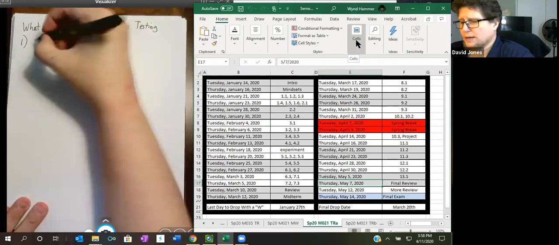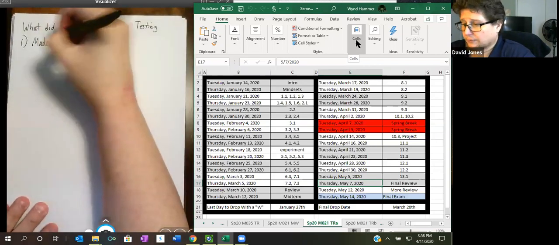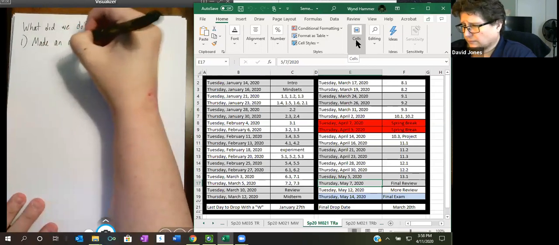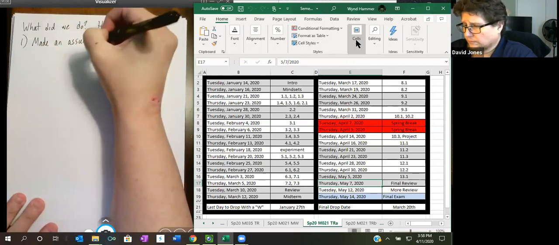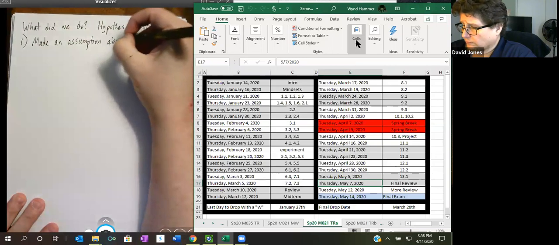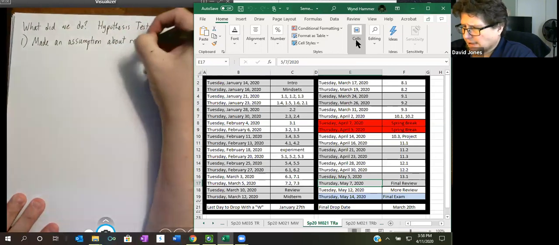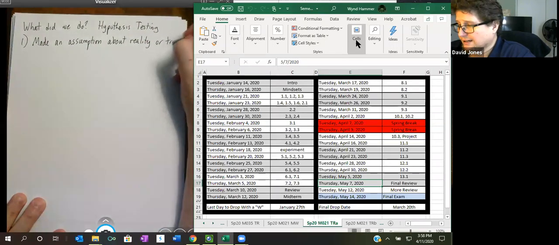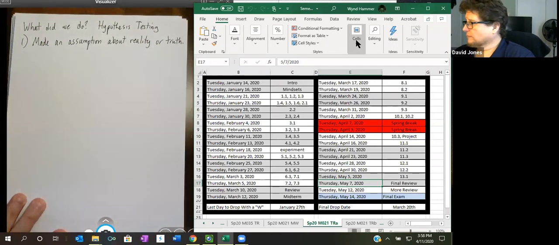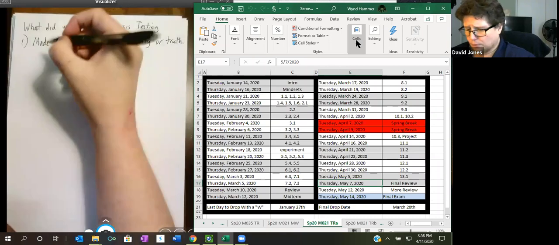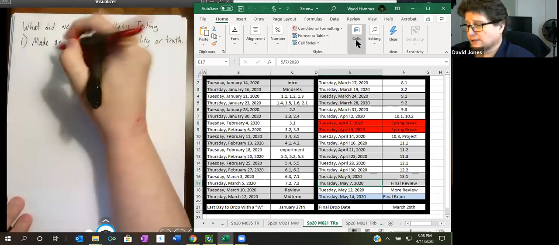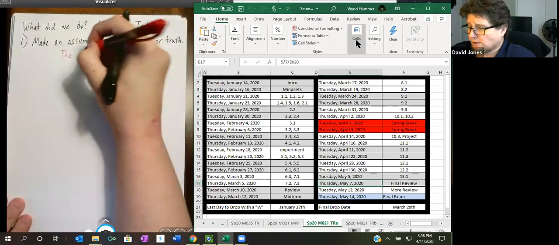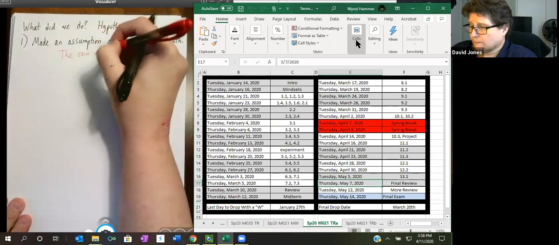Step 1 is we made an assumption about reality, or truth of something. In this example, the coin was fair.